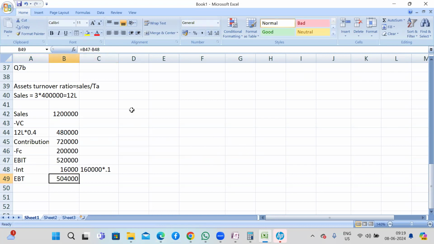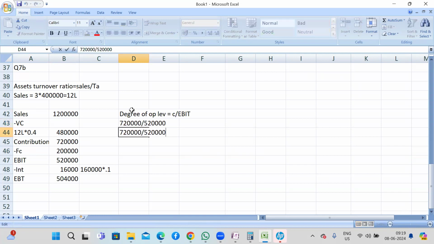So now I will be calculating degree of operating leverage. So formula is contribution divided by EBIT. That is 7,20,000 divided by EBIT, which is 5,20,000. So I will have 1.385.